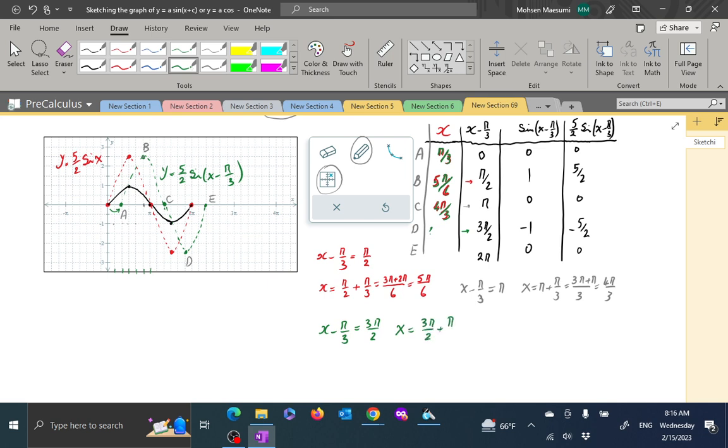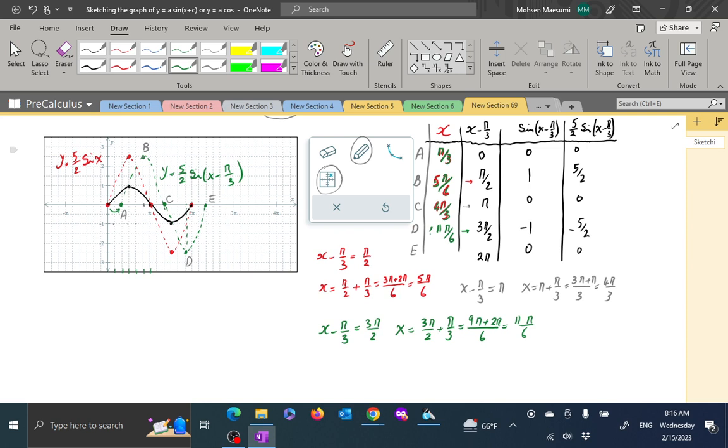And now I add pi third to it, take a common denominator which is 6, multiply the first one by 3, the second one by 2. When I add them, I get 11 pi 6. So when x is 11 pi 6, 11 pi 6 is right here.